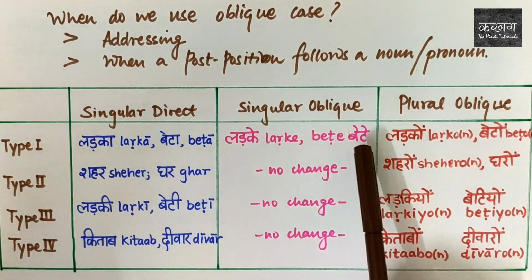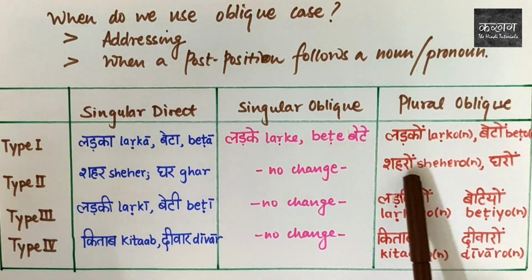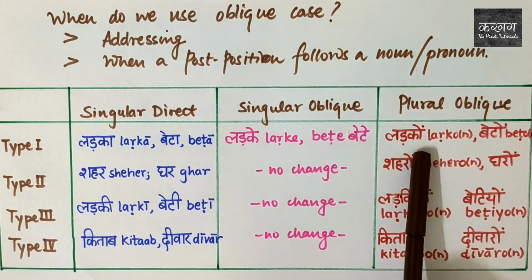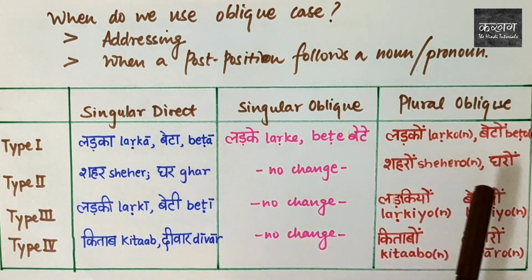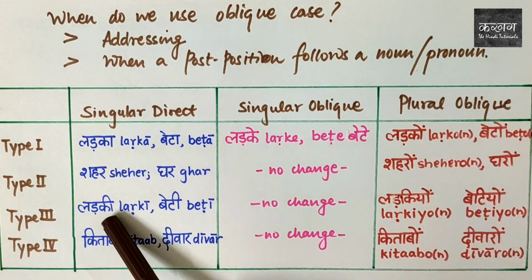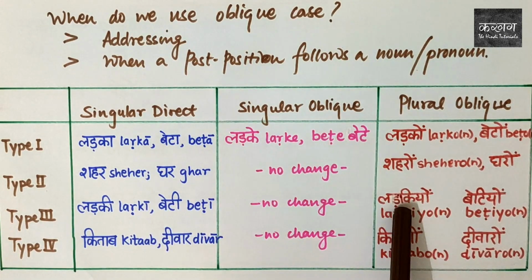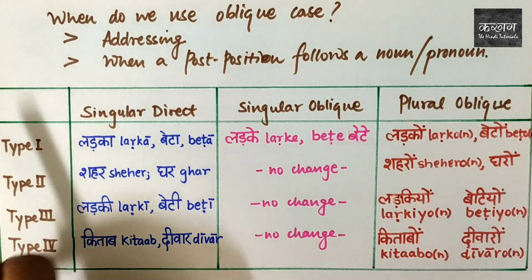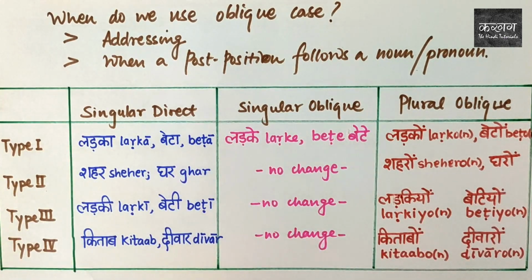And for plurals, we add an o sound at the end. Ladka becomes ladkon, ped becomes pedon, ladki becomes ladkiyon, and kitab becomes kitabon. Is that fine? ठीक है. You can make this table in your notebooks and keep it for reference. I think it won't be difficult for you to understand. The question is just getting used to it.